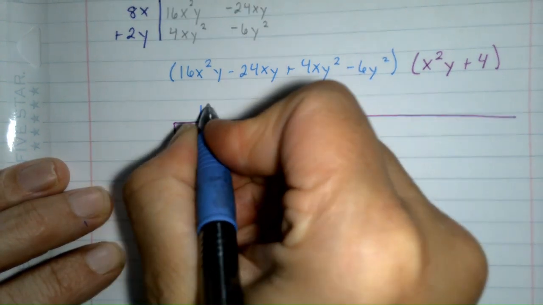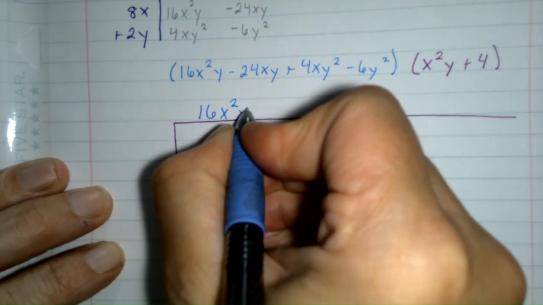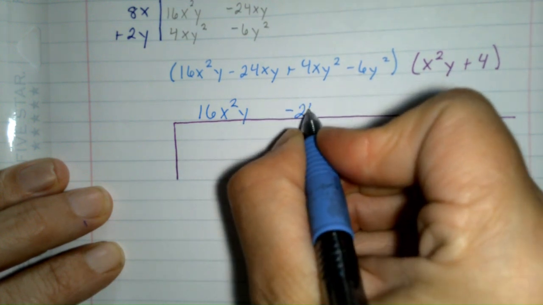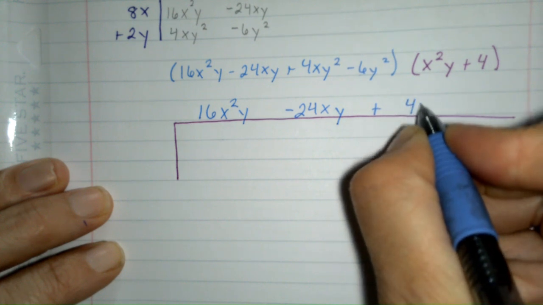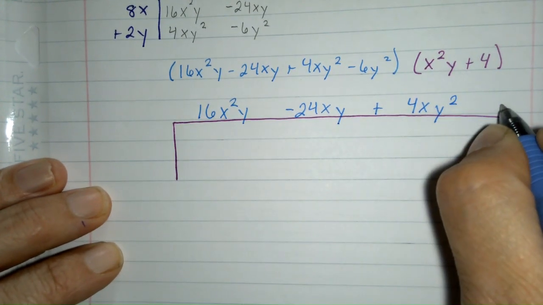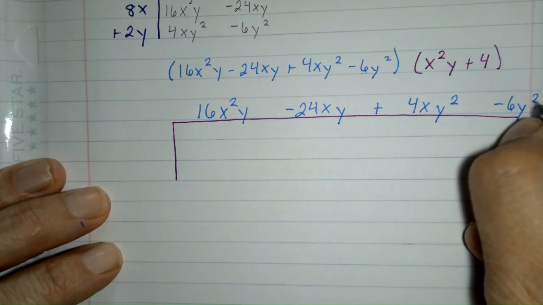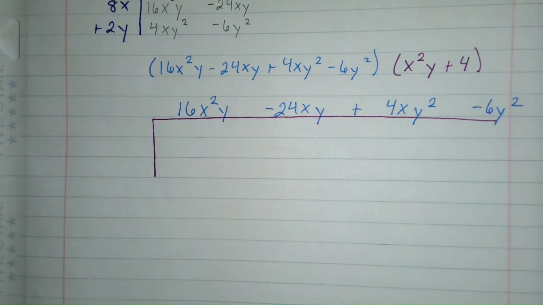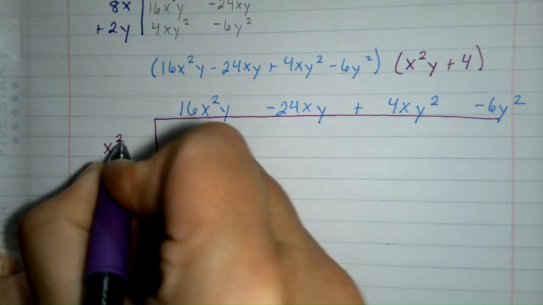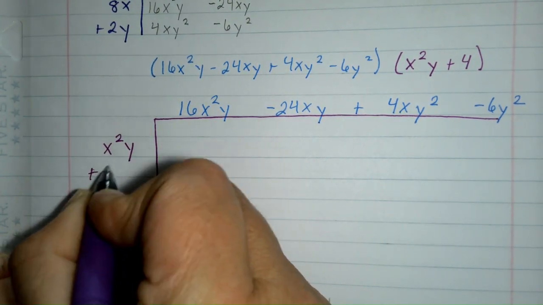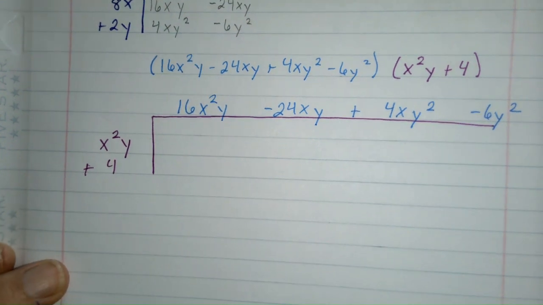So we have that 16x squared y minus 24xy plus 4xy squared minus 6y squared. Told you I was going to go wide. And that is being multiplied by that x squared y plus 4.